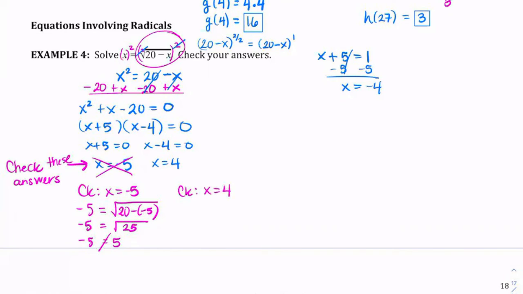And then you always want to check both. There are some cases where there is no solution to the equation. So you always want to check both. Don't assume. There are two things I don't want you to assume. Don't assume that every radical equation is going to have at least one solution. And don't assume that when you get a negative solution that it's not going to work just because it's negative.